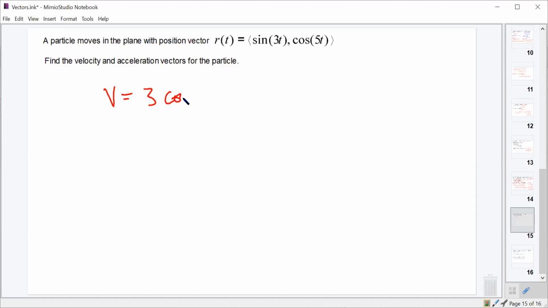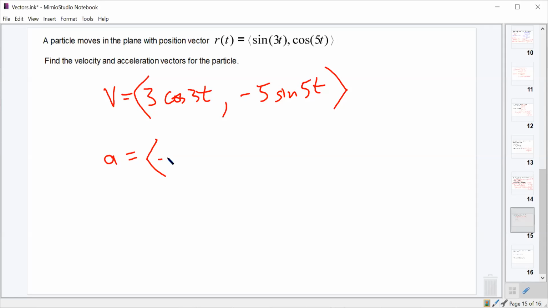Three cosine 3t. And what about the y component? Negative 5 sine 5t. And what about our acceleration? What's the derivative of 3 cosine 3t?